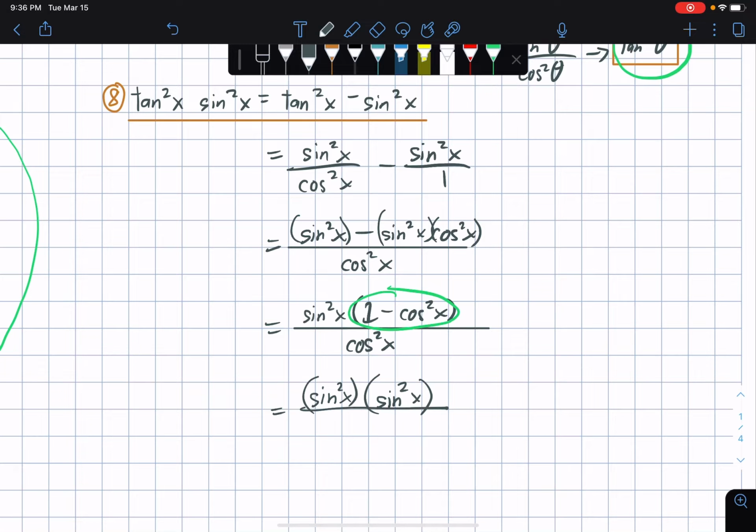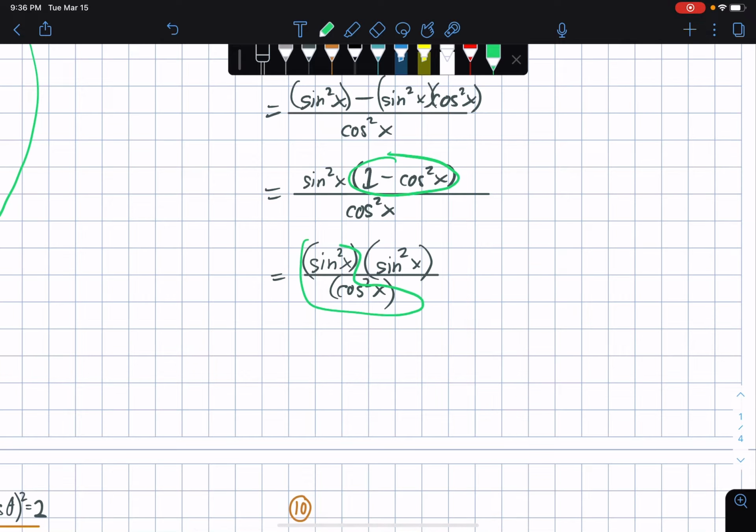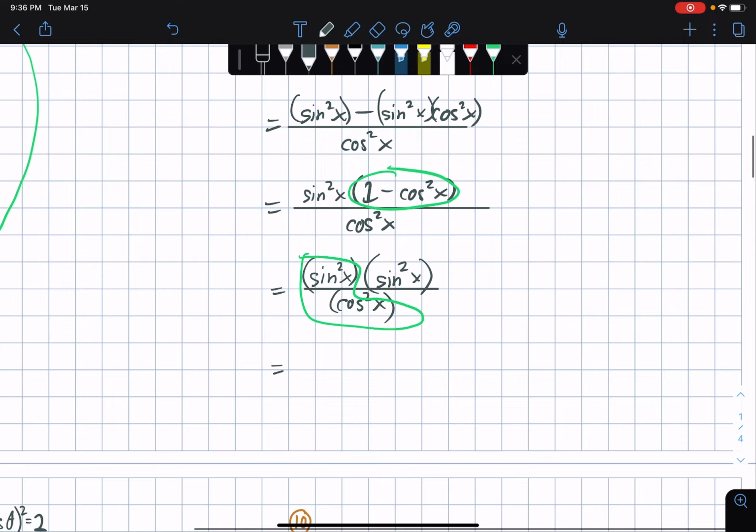Maybe let's write them as is, this way for now. So we could turn this into tangent, tan raised to 2x, then we multiply it to sine raised to 2x, hence our final answer, I suppose.